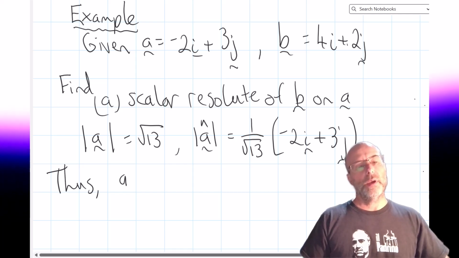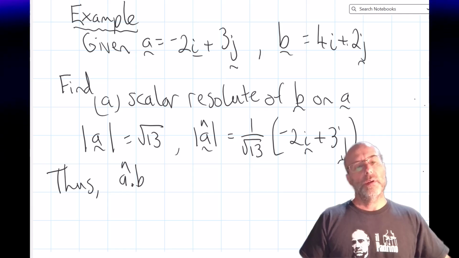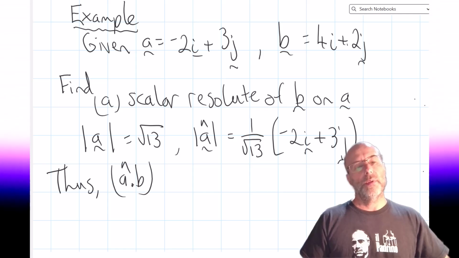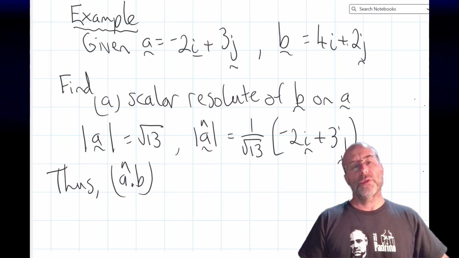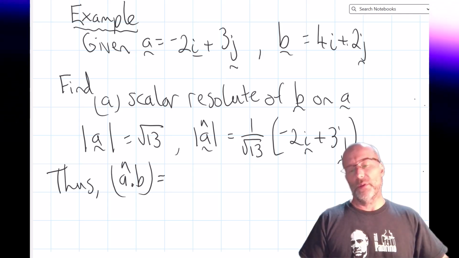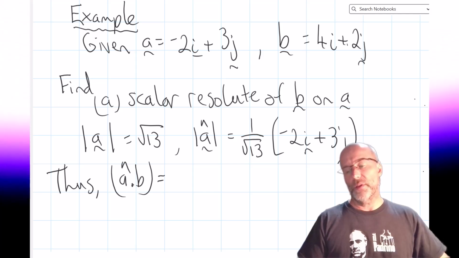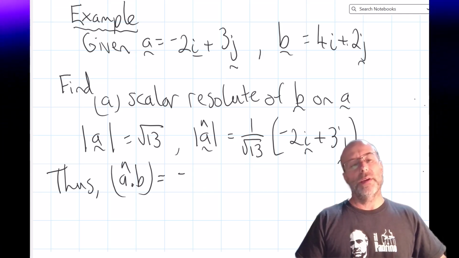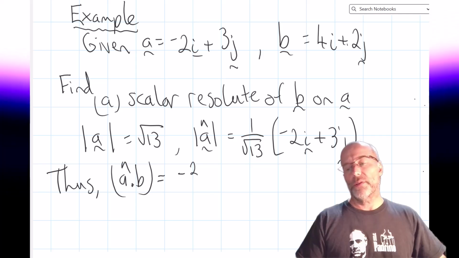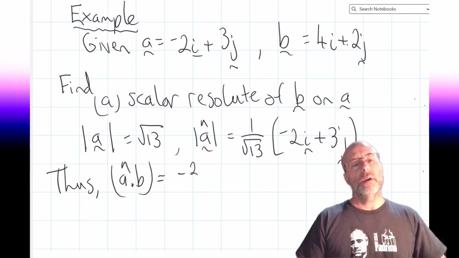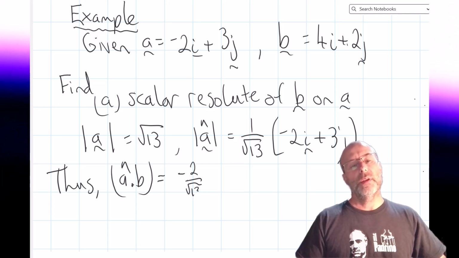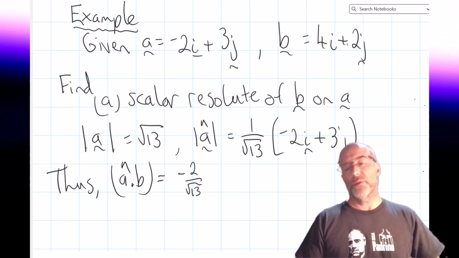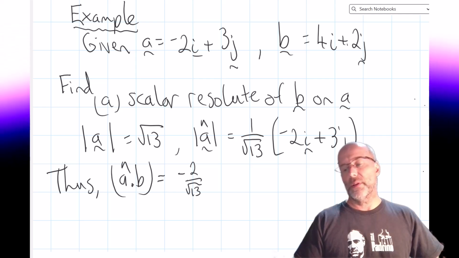We look at our formula, and for a scalar, remember we're doing the scalar resolute here, so don't put the vector equation in there, and we have multiplying that together, in the sense of the dot product, that is. But be careful if you use the word multiply when you're dealing with vectors.